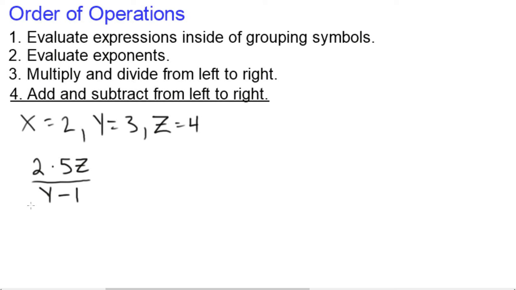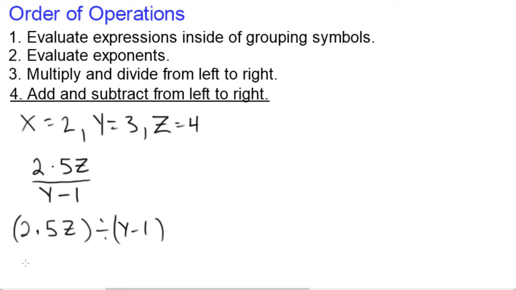We know from the previous example that 2 times 5z over y minus 1 is just 2 times 5z divided by y minus 1. So that top part is divided by y minus 1, both in parentheses. So when we look at it that way, we have to work the parentheses first.